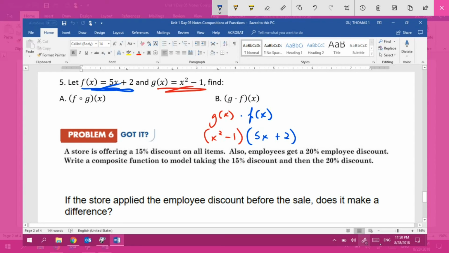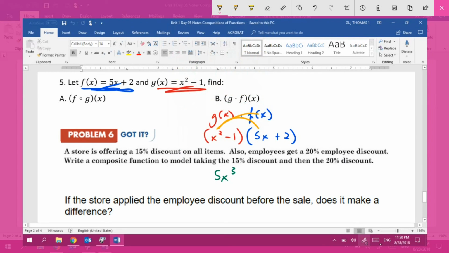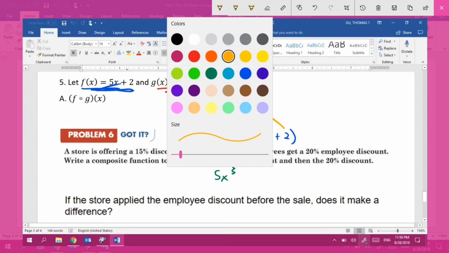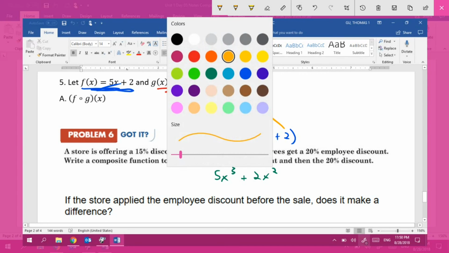So we did this yesterday, but let's distribute. X squared times 5x equals 5x cubed. And then next, let's take this x squared and multiply it by 2. What's x squared times 2? That's going to be plus 2x squared. All right, so next, let's go to this negative 1. Negative 1 times 5x is minus 5x.